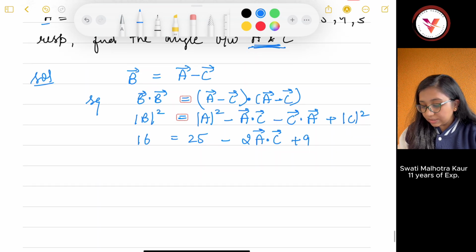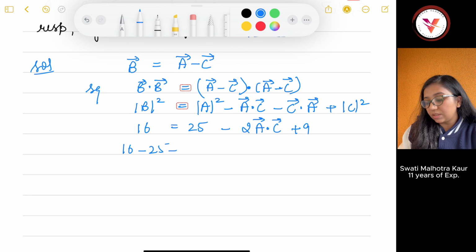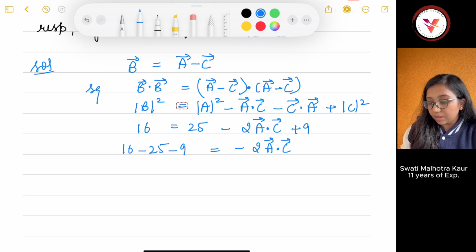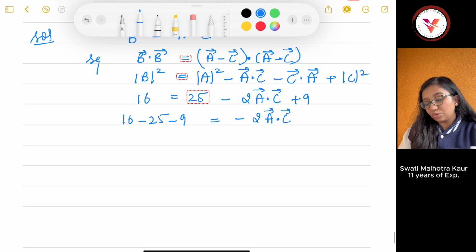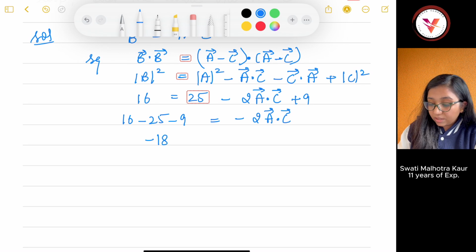So let's take this term here: 16 minus 25 minus 9 equals minus twice A dot C.